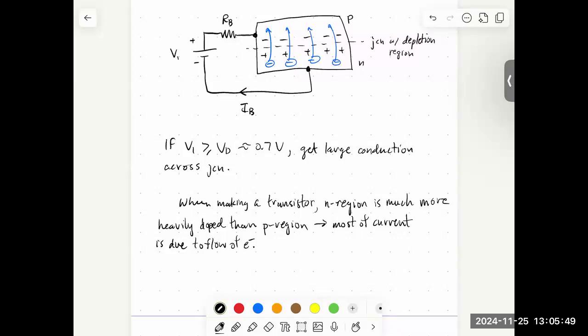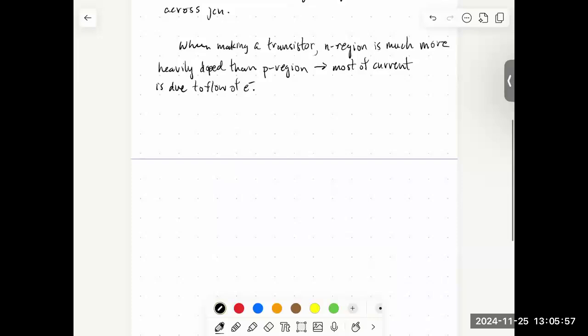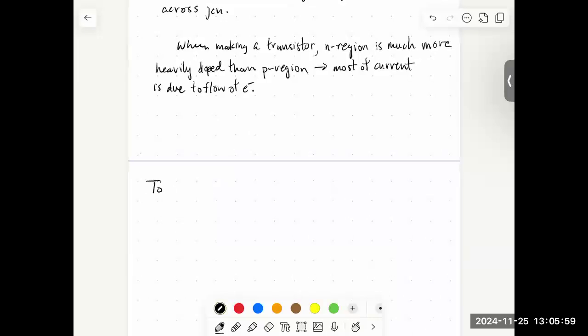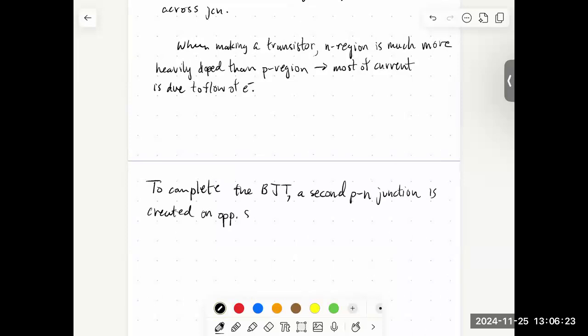We're going to put another N region on top of this P, so we'll have a sandwich of N, P, N. To complete the bipolar junction transistor, or BJT, a second PN junction is created on the opposite side of the P region.